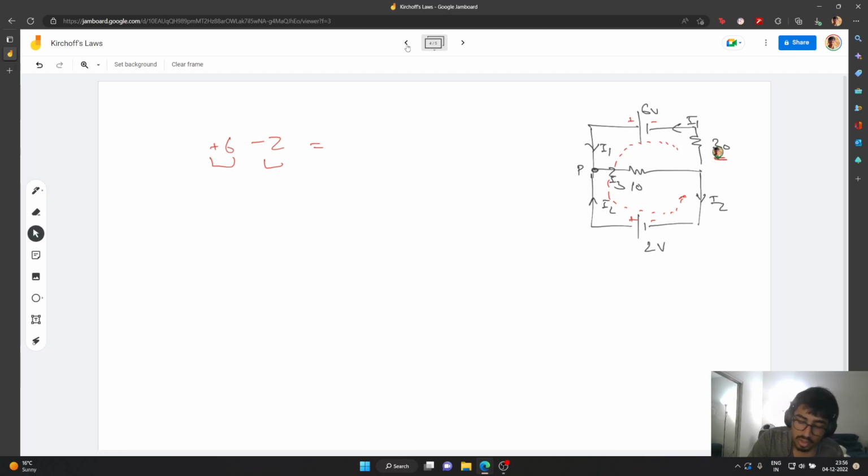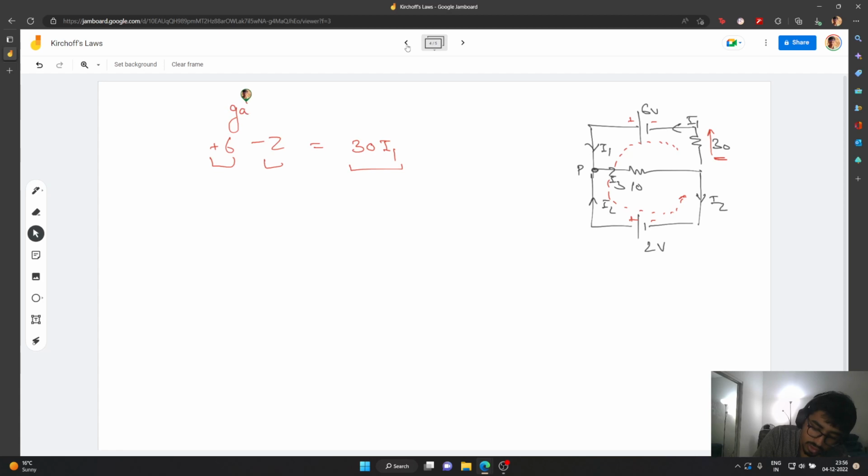So the amount of energy will be 30 times I1, and we are also moving in the direction of I1, right? So if you think about it, we are moving upwards from here, and the current is also upwards. So then that means we lose energy, and we lose energy equal to 30 times I1. This is the amount of energy lost.